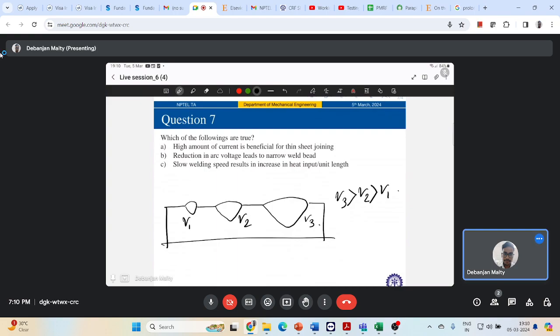And at the same time, if your arc voltage is getting reduced, that leads to a very narrow weld formation. The crown will be higher, right? So those aspects are there.